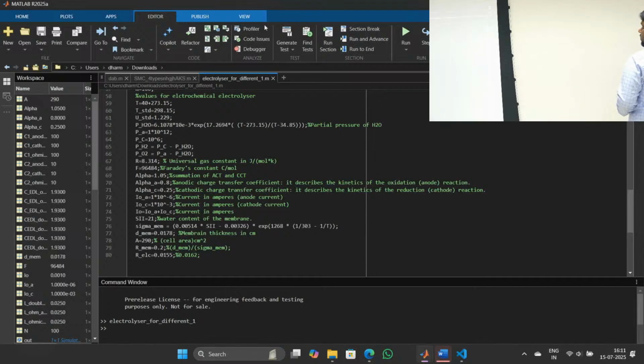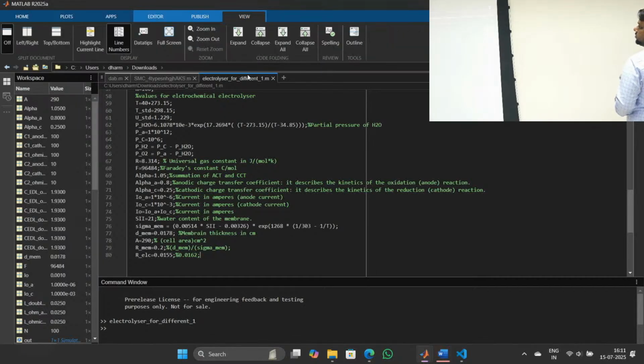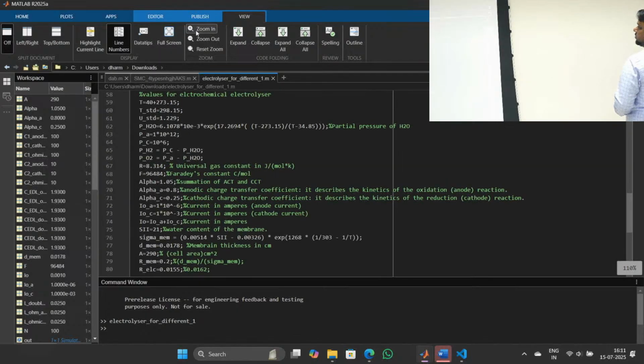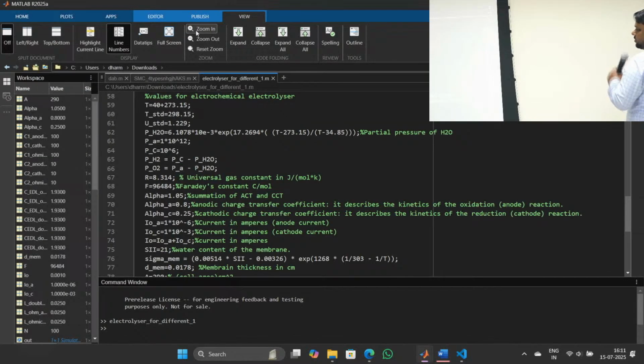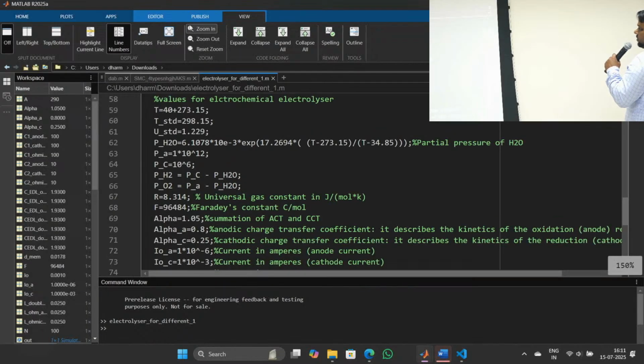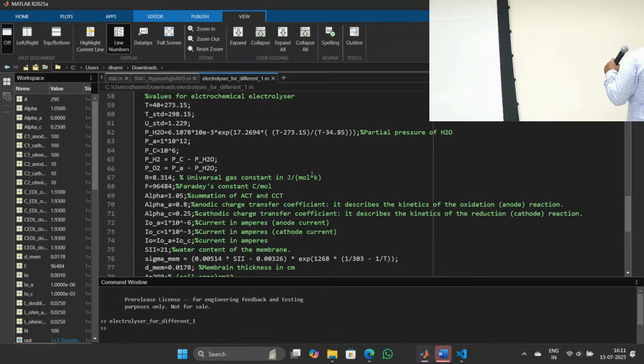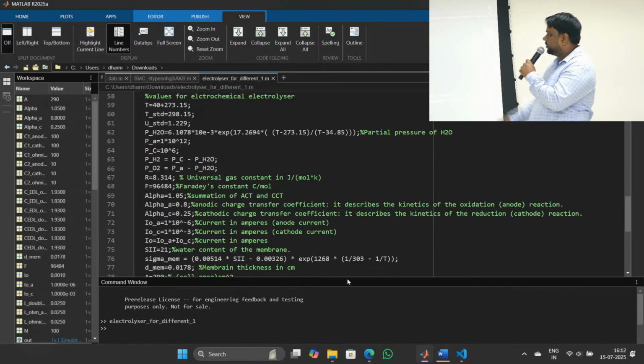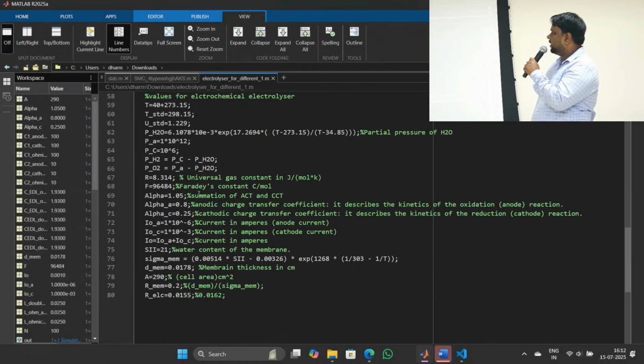This one. Okay. Fine. First you line first for 10 lines, then I will scroll it down and zoom it again. Don't have to just green color things. These are comments only. It's okay. Is it visible now? We start with line number 58, values for electrochemical.